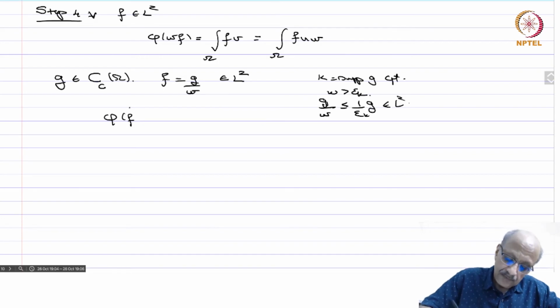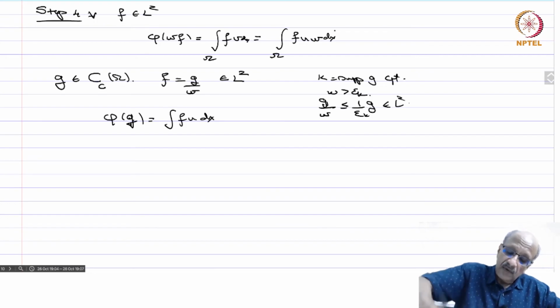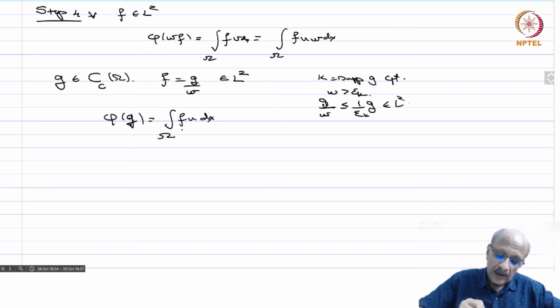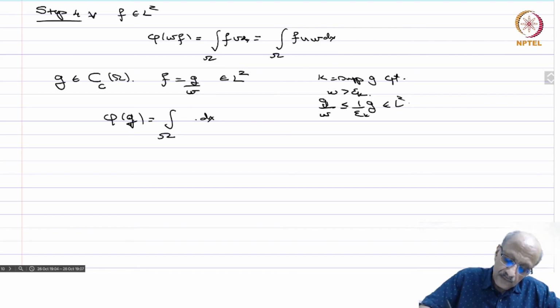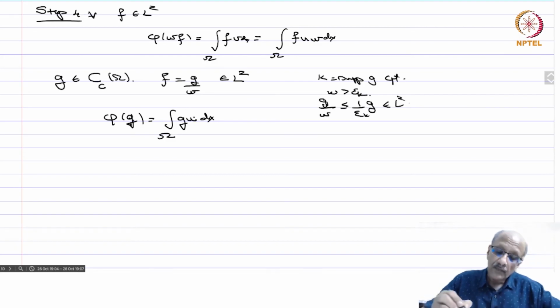phi of g, sorry, equals, so f is equal to g by w, integral f u dx. There's a dx everywhere, which is understood, and sometimes I forget to write it. Okay, sorry, this is not f u, it is g u, because f w is equal to g.